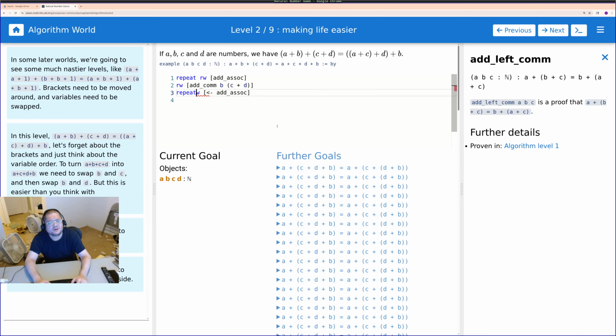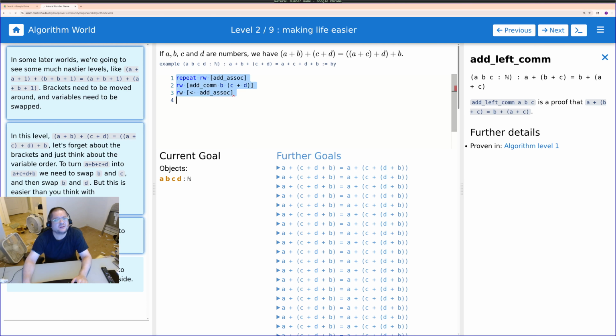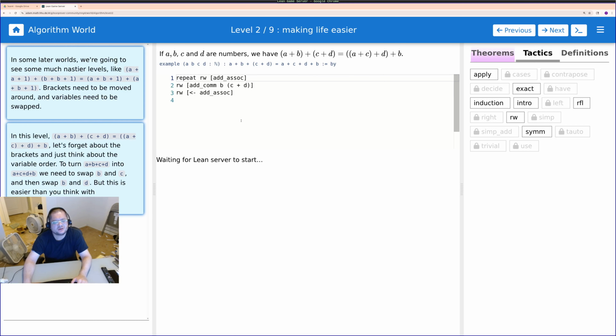Let's get rid of this repeat. Okay, there's a huge amount of lag. I'm just going to reload the page.